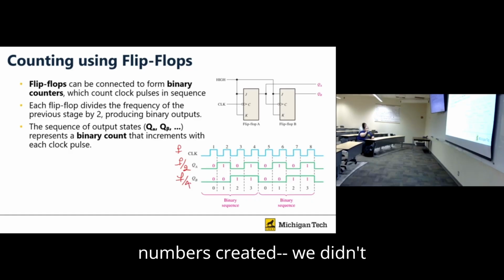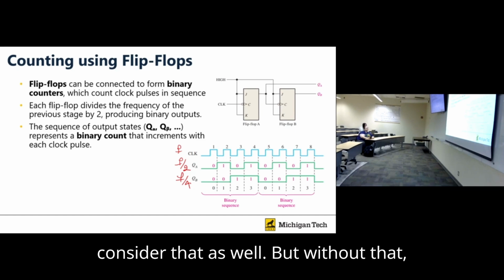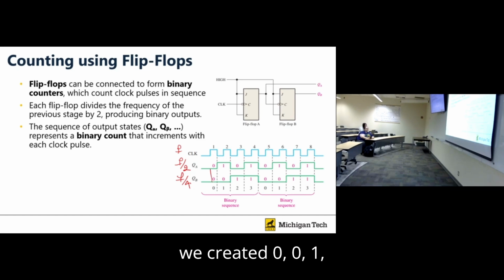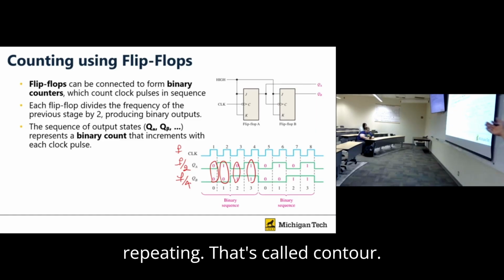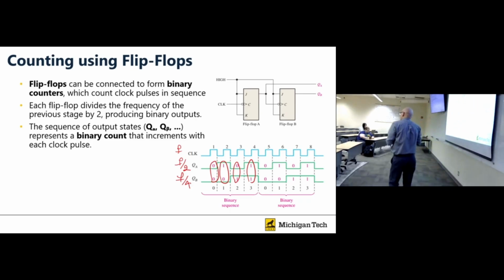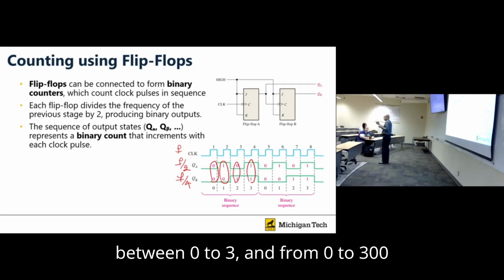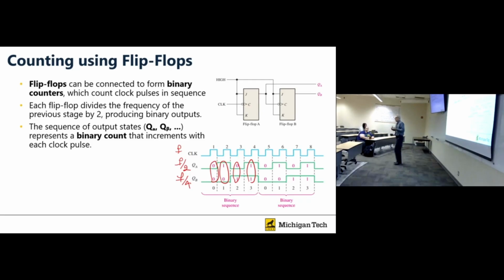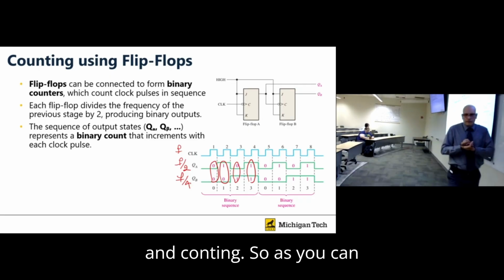And as you can see, the numbers created, we didn't consider the clock here, but we can consider that as well. Without that, we created 0, 1, 2, 3, and it's repeating. That's called a counter. A counter is repeating based on the number of bits: 2 bits, from 0 to 3, and from 0 to 3 again, repeating and counting.